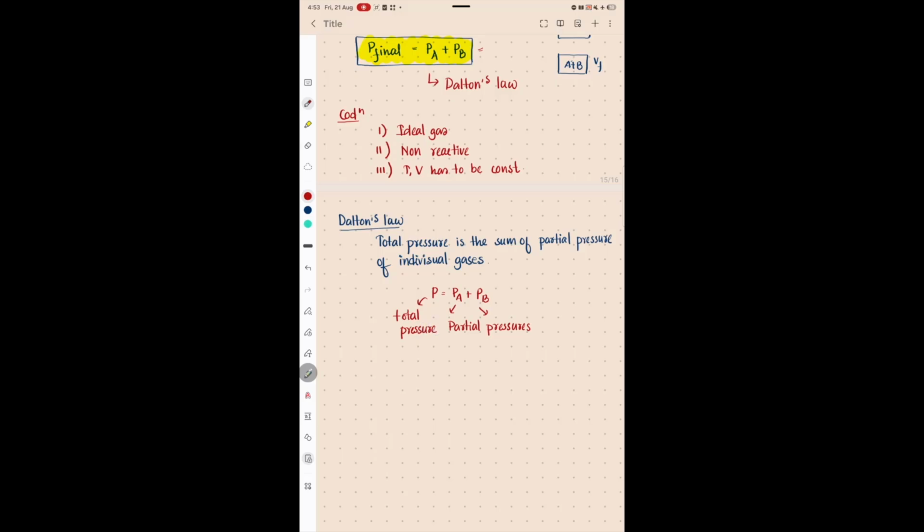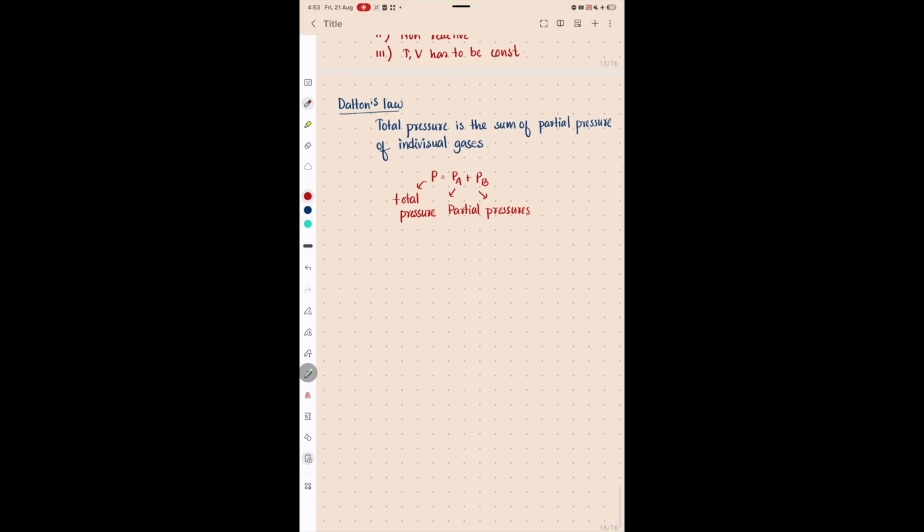So if I write it in a more general way, let's say a gas mixture has n components, that is, n individual gases. Then what will be the total pressure? P total will be equal to P1 plus P2 plus dot dot up to Pn.